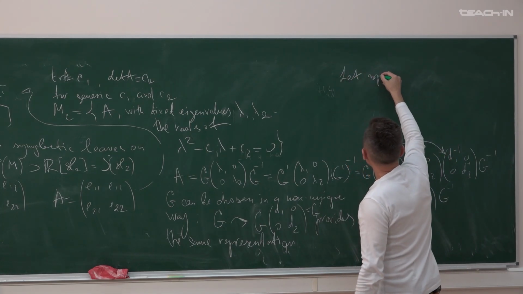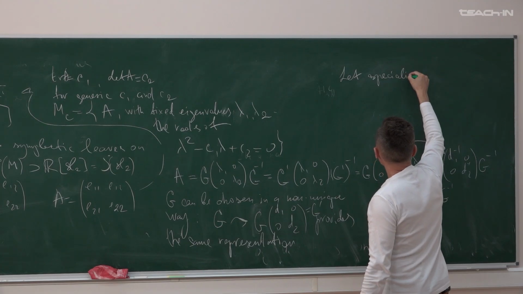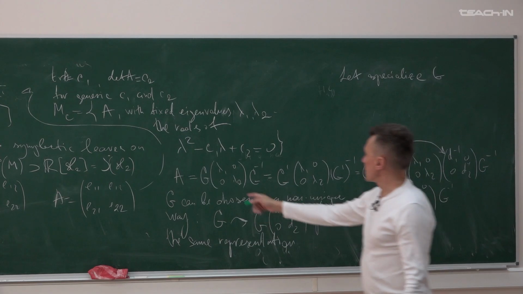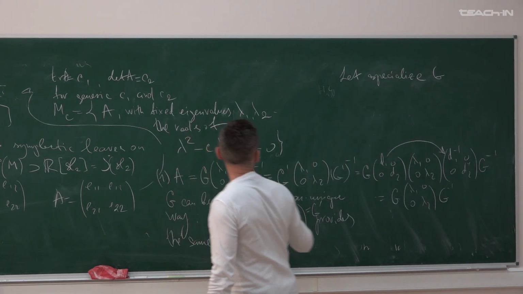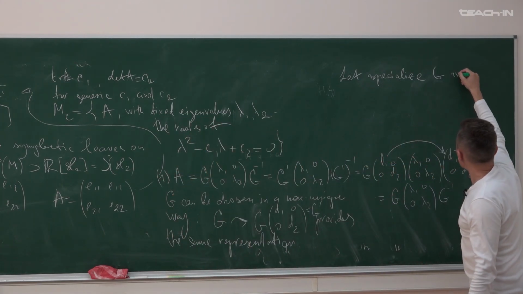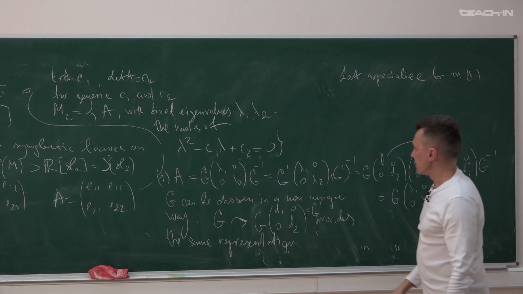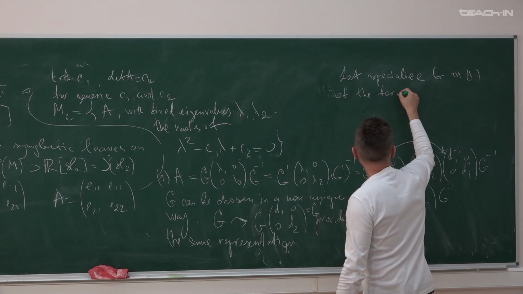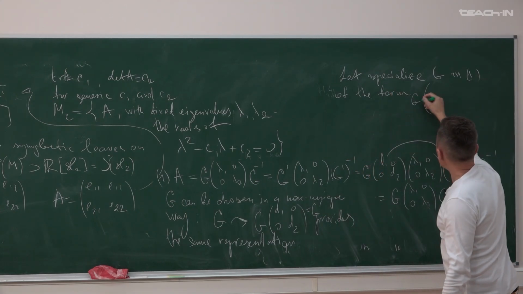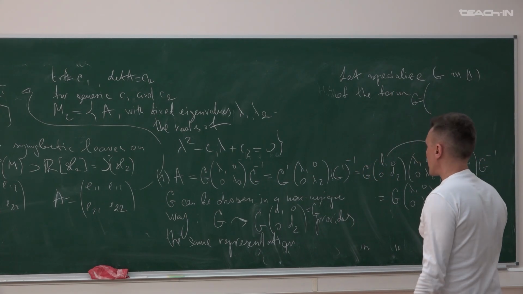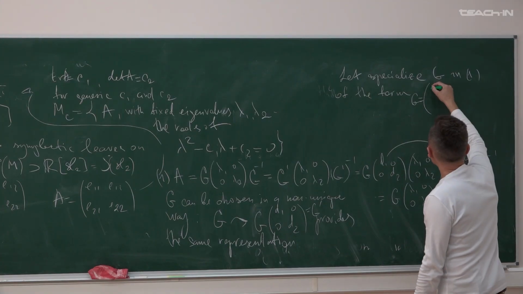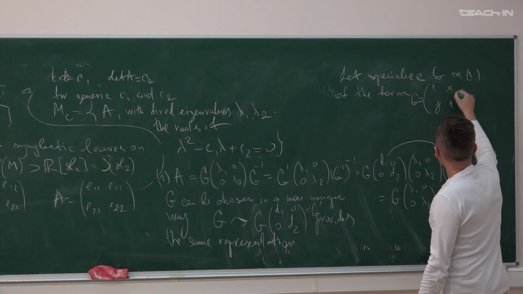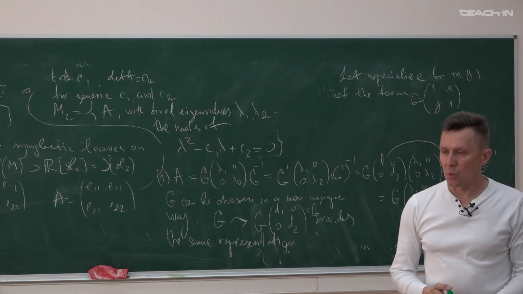Let's specialize G in the representation in 1 of the form G equals... how to specialize? For example, I can choose the diagonal elements to be 1.